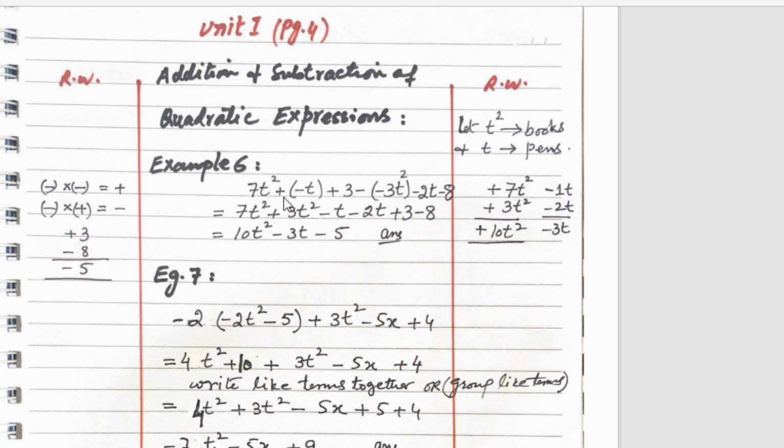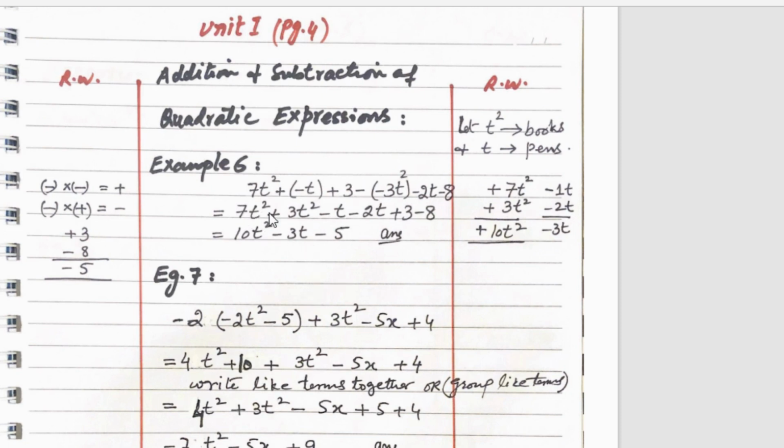Okay, now plus into minus t over here, and minus 2t brought with minus t and put together. We are actually grouping the terms. Plus 3 and minus 3 will be grouped together, plus 8 and minus 8 and plus 3.